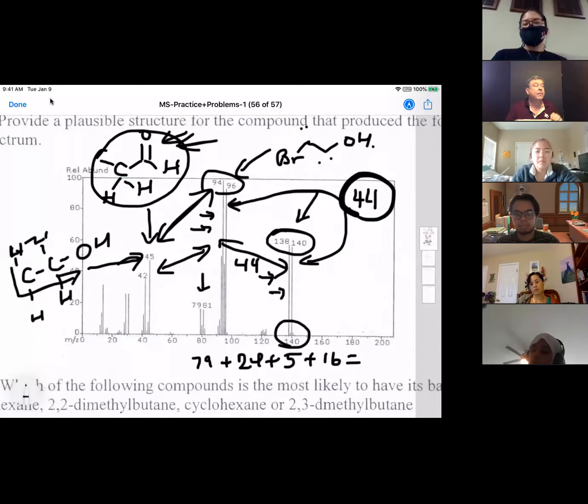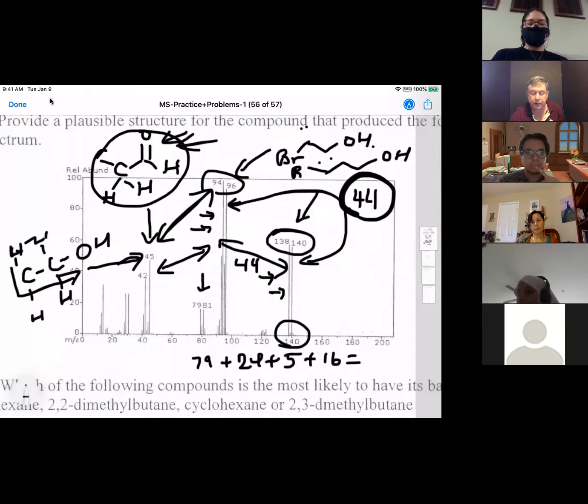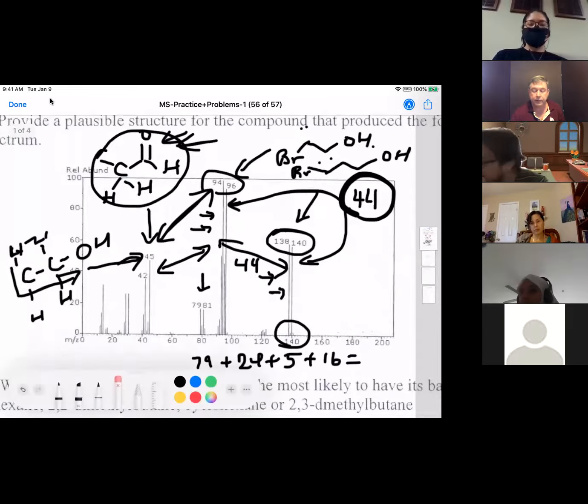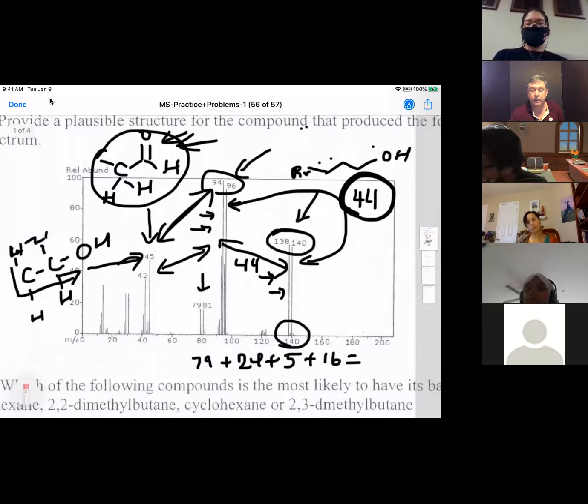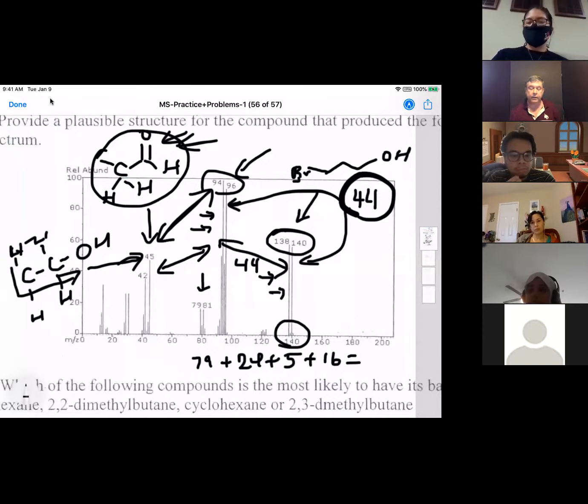That means we need to have at least one more CH2 in our system. So it can't be that, it has to be OH, one more carbon, Br. Okay. So it has to be this propyl alcohol with a bromine on it.